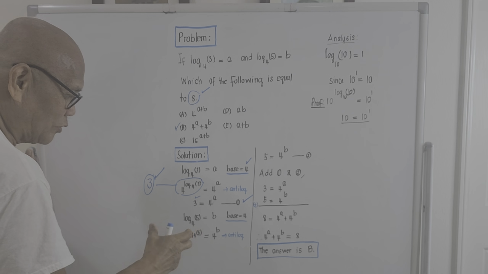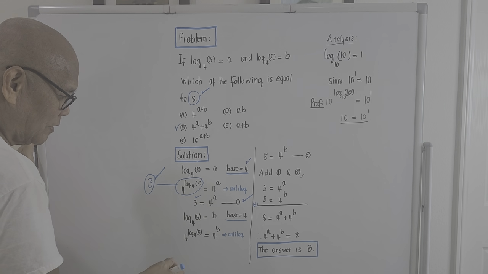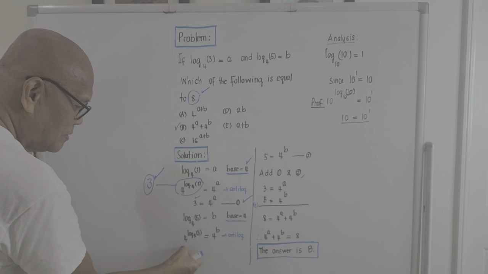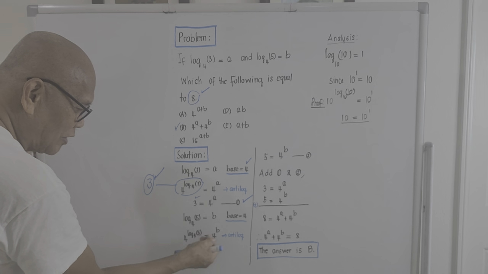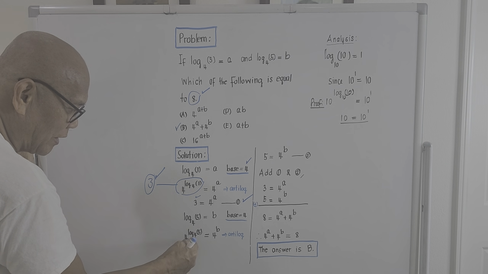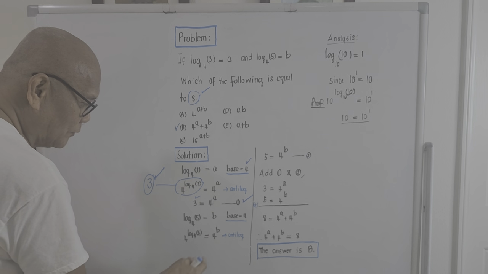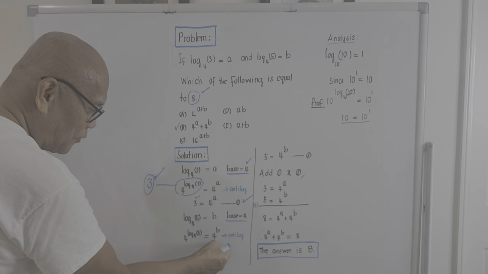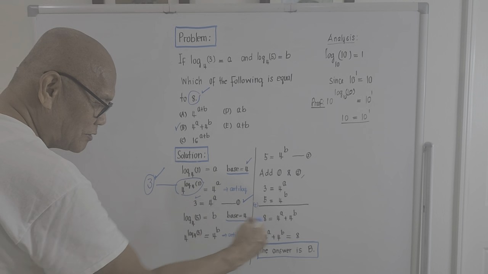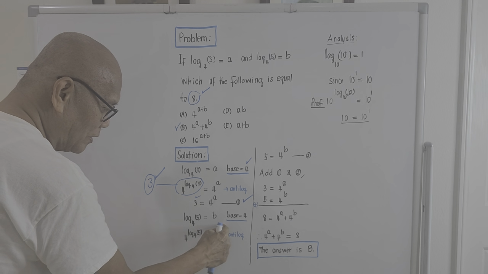So if we take the antilog, we take the base and raise that base to the total term on the left hand side, the logarithm of 5 with the base of 4. And this should be equal to, the base is still 4, and the total term on the right hand side is small letter b.